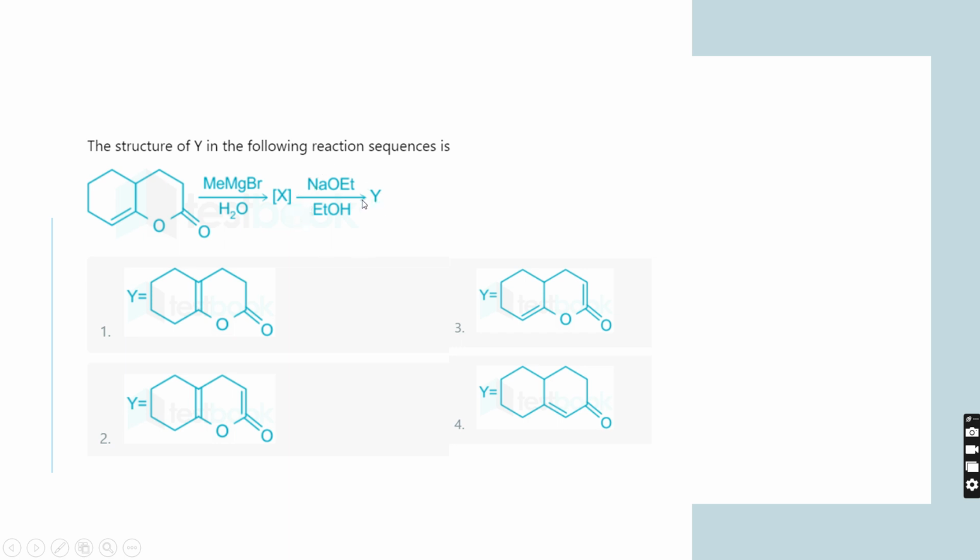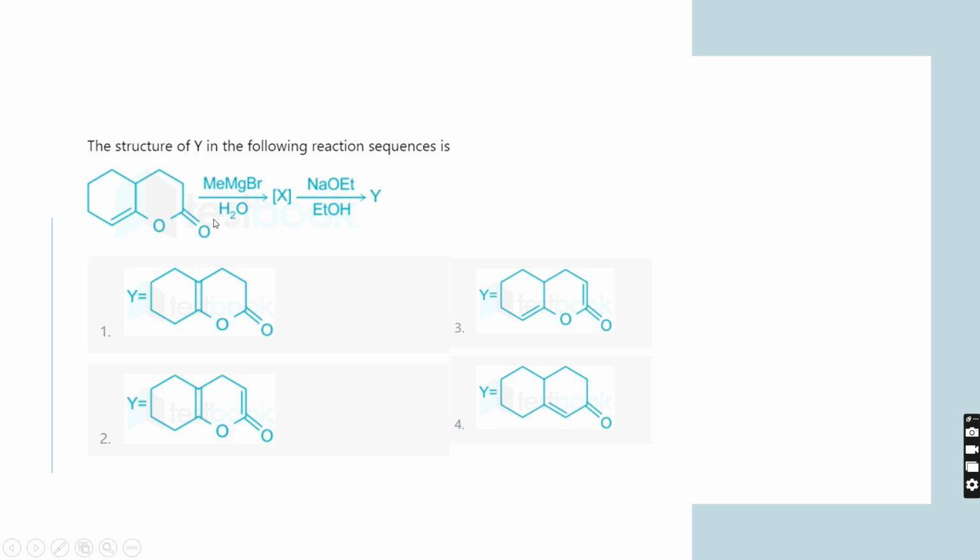So you have to identify what is the compound Y. If you look at the kind of substrates and reagents, you have this incoming nucleophile present in the reaction medium, which will be methyl, and you have to attack at the electrophilic center, which will be this ester carbonyl here, isn't it?